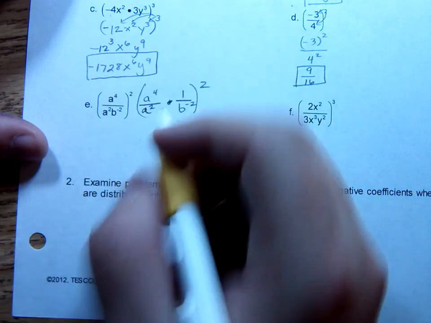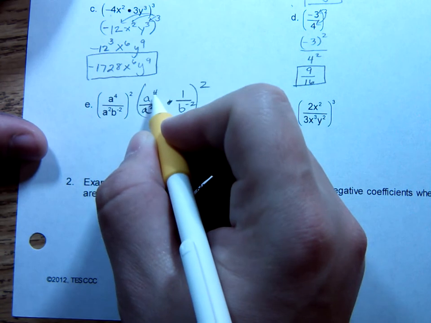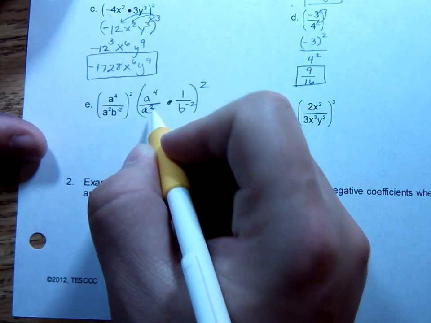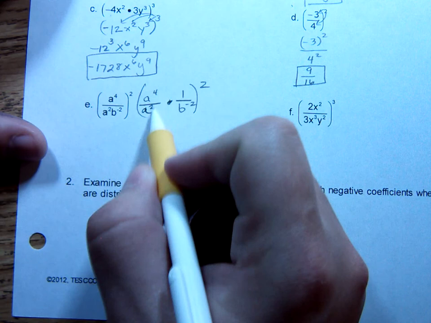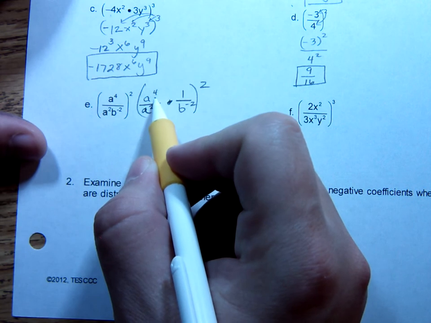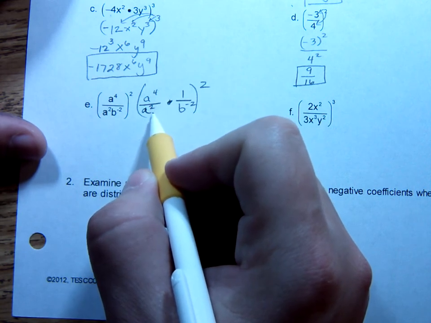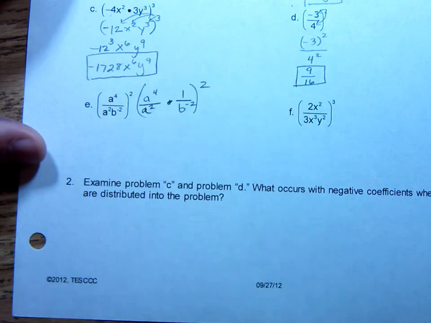So if I work this out, because of our division law of exponents, I'm going to subtract, right? So I'm going to have 4 minus 2. Now here's something I want to try to teach you. If you are subtracting and you end up with a positive number, put your result on top, positive. If you end up with a negative number, put your result on bottom, positive.